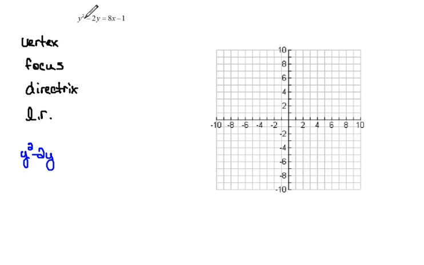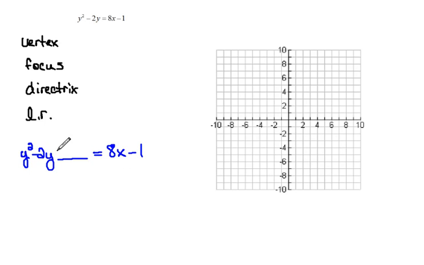In this case, since y is squared, this is the only one that we have to complete the square on. Remember, in your parabolas, you only have one of the variables that's squared, so you only have to complete the square one time. So we're going to put y squared minus 2y and then leave a space to be able to complete the square, equals 8x minus 1. We're going to put everything else on the other side.